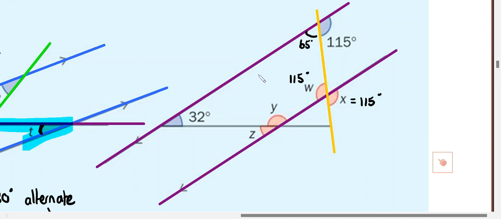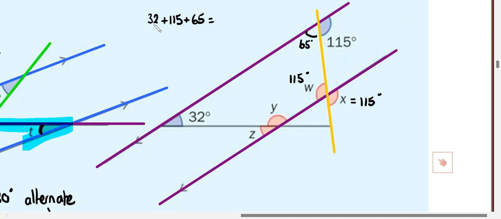Oh, okay, there's one way. Do you want to see what she's doing here? So angles in a quadrilateral, that's 4 sides, all add up to 360. I'm not saying this is how I would do it, but it's not a problem. 32 plus 115 plus 65 is 180.